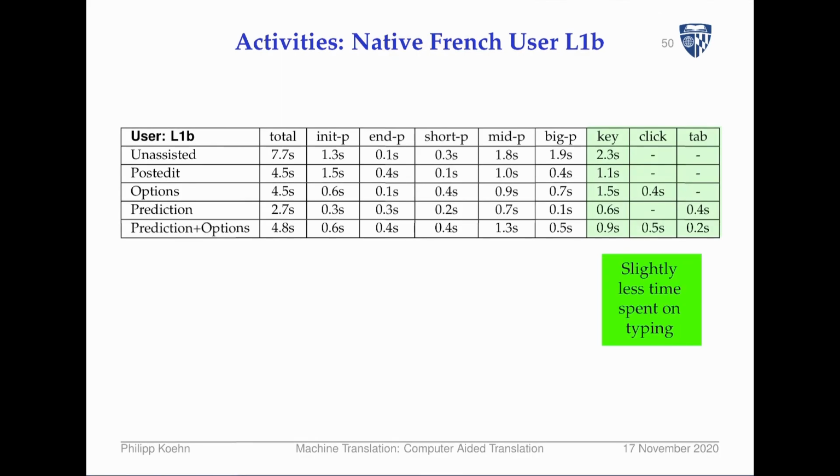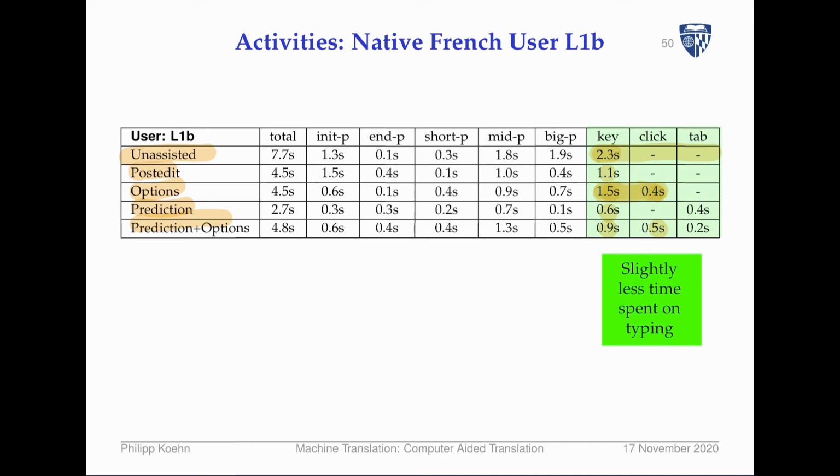When we give them the different tools, here's unassisted, this is the baseline. If we give them all these different aids, post-editing, options, prediction, or both prediction and options, they spend less time typing. With the options, they do spend some time typing and clicking, but even if you add these numbers up, it's much less than the keystroke typing unassisted.